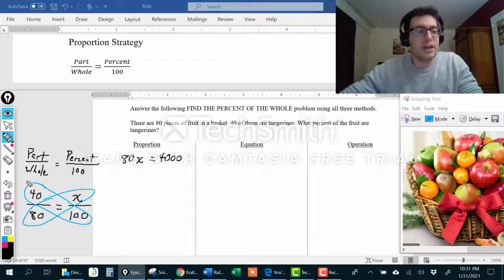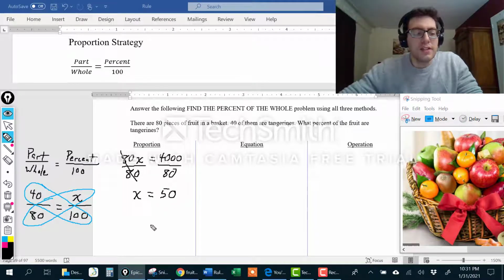So this is 80 times x. To get rid of that, we need to do the inverse of multiplication, which is division, and we need to divide both sides, because whatever we do to one side, we have to do the same thing to the other. So we'll divide both sides by 80. It cancels over here. We get x equals, and then 4,000 divided by 80 is going to be 50.